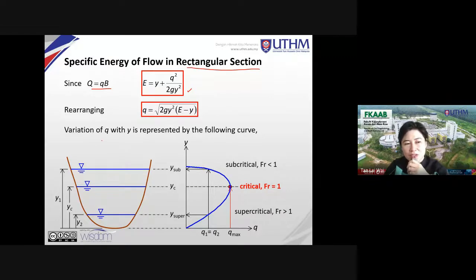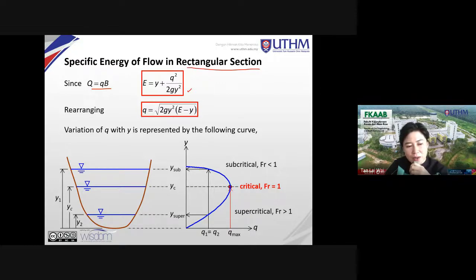So you can actually show, if you plot q with respect to y, when depth of flow changes, you are going to get q in this parabolic curve as well. And when it is critical, you are going to get q max at critical depth of critical flow, basically.